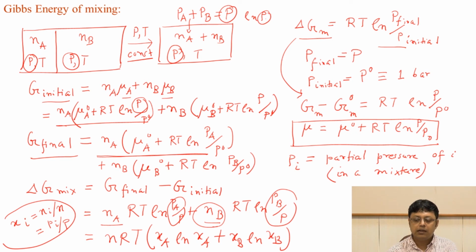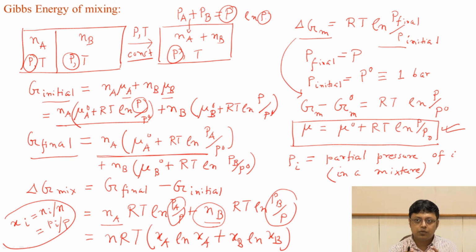And then for that we used the relation for an ideal gas, starting our discussion with how Gibbs free energy changes with respect to pressure, and then we get a very interesting relation that mu is nothing but mu0 plus RT ln P by P0, only for an ideal gas. And then you can use this to figure out what happens if we had two different gases and we just mix them, starting with the initial condition that the total pressure is nothing but the initial pressure of each gas.